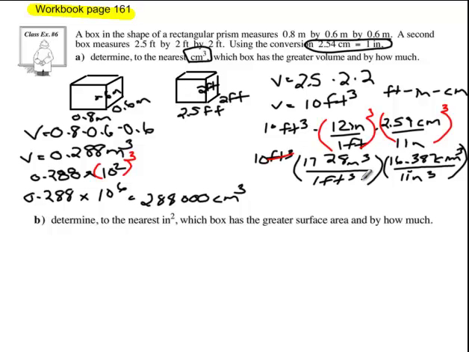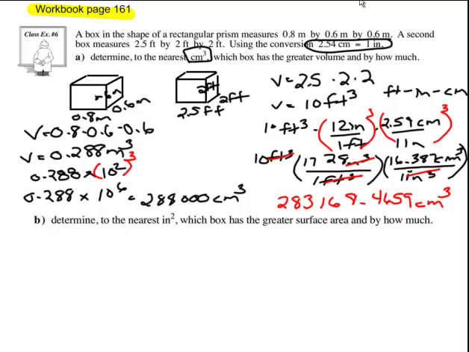So feet cubed in the numerator and the denominator. This is an IN, inches cubed, those cancel each other out. And I'm left with 283,168.4659 centimeters cubed.